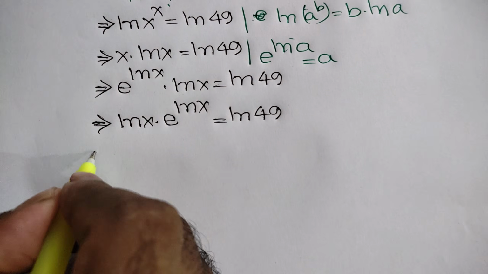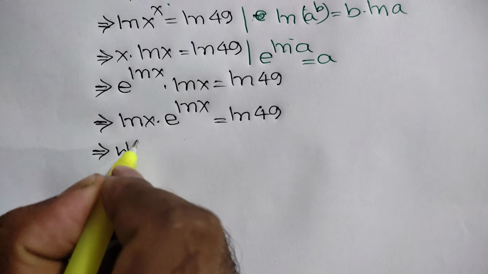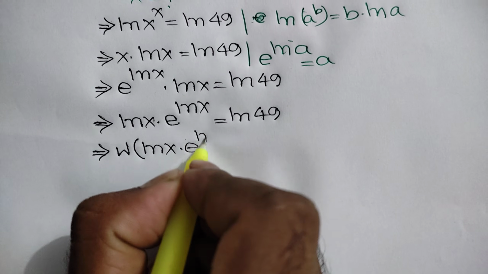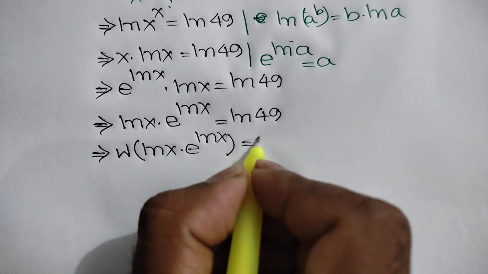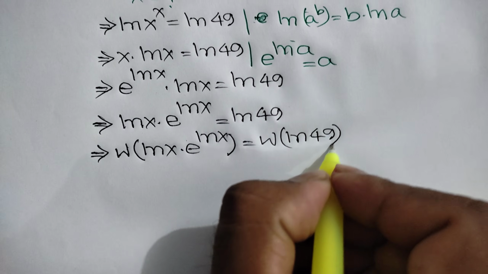Now taking the Lambert W function on both sides, we can write W of ln of x times e to the power ln of x is equal to W of ln of 49.